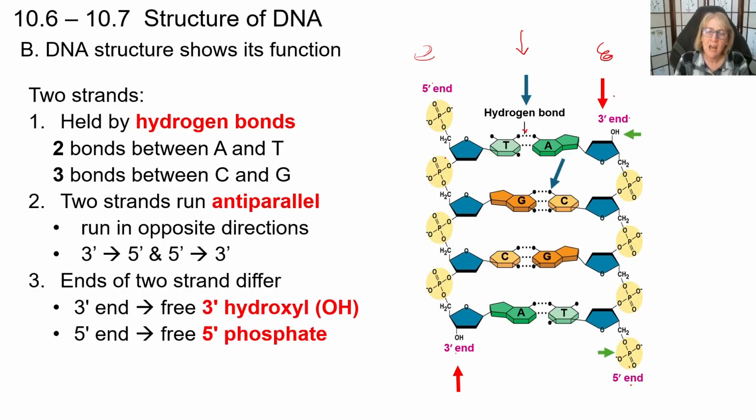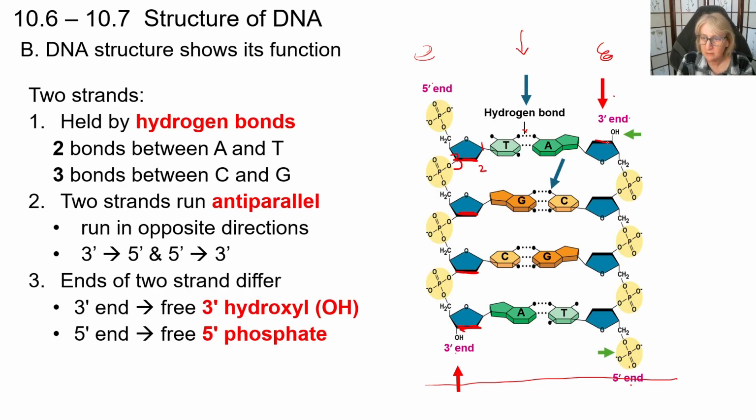That means that the ends of these 2 molecules are running in opposite directions, so they differ. The 3' end is the flat end. Here, this is 3, 3, 3, 3. And it's really referring to the fact that this is the 3rd carbon. 1, 2, 3 carbon there.